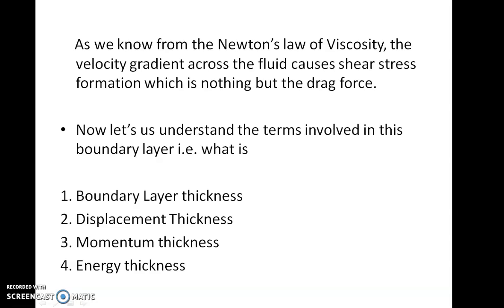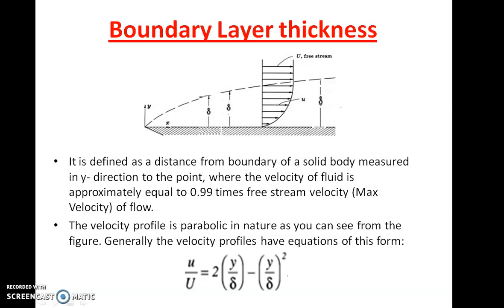Now if you see in this slide, the boundary layer which is formed over the flat plate has a thickness delta as shown in the figure. Now, as we see in the figure, the delta goes on increasing in horizontal x direction. That means this delta is a function of x, and this delta is called the boundary layer thickness.